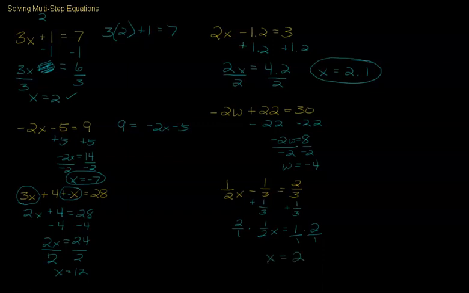Anytime we have something like 2/3 x equals, let's say, 2, remember that we multiply by the reciprocal. These cancel out and you just end up with 3.